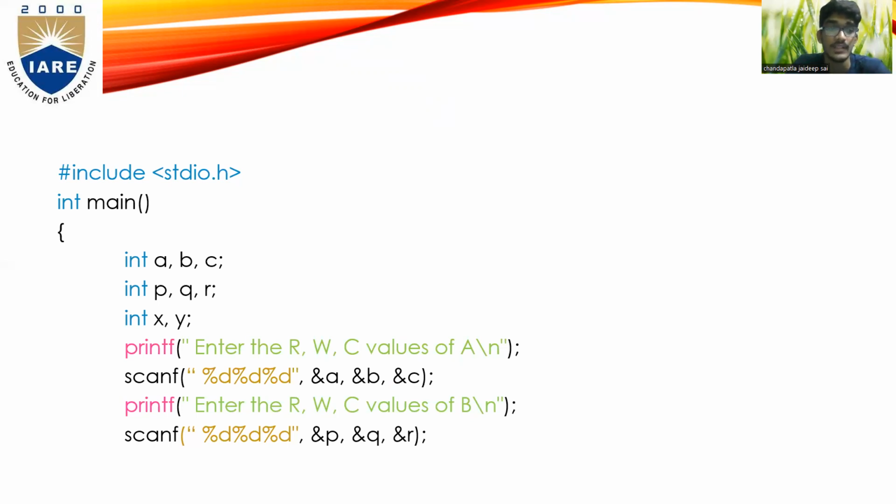It is a header file. Now we have to write int main. So the total function is of the int type. So we are typing int main, and the curly braces are the body of the main function. So we have to open the bracket after typing int main.